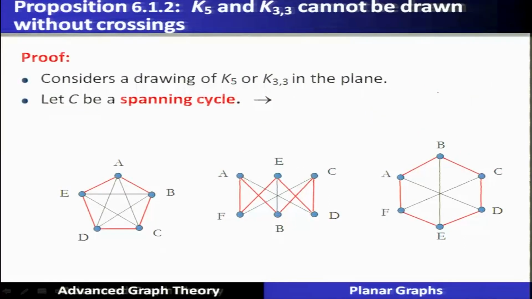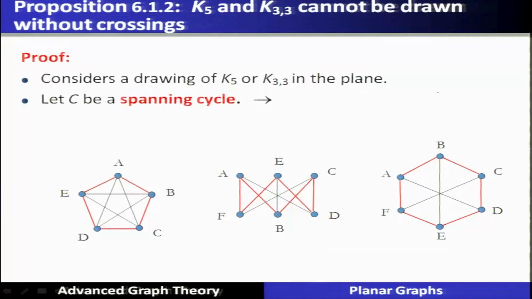Proposition: K5 and K33 cannot be drawn without crossings. The K33 graph we have seen earlier in the pipeline problem. The proposition says it cannot be drawn without crossings. Let us see these two graphs, K5 and K33, and consider their drawings.